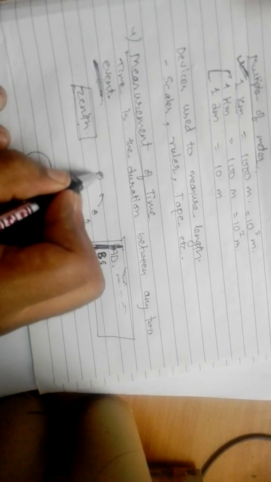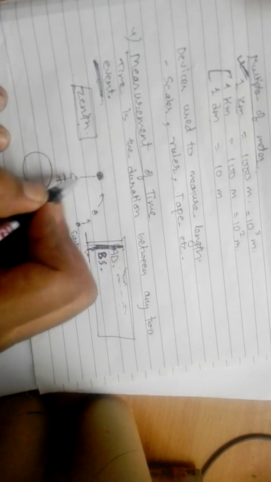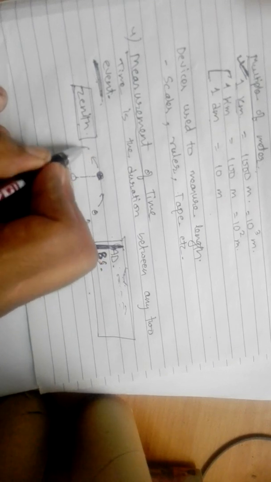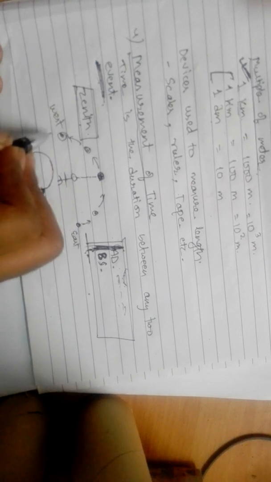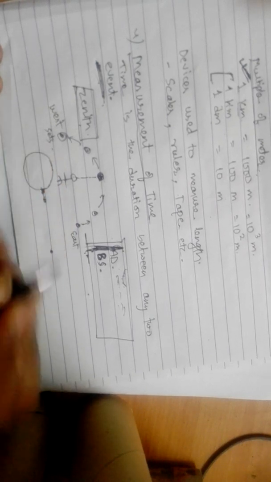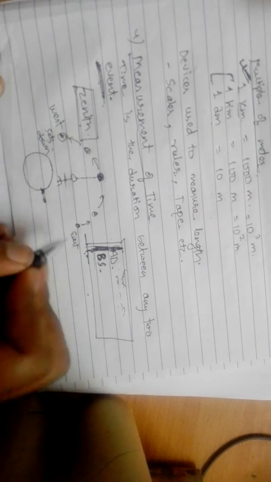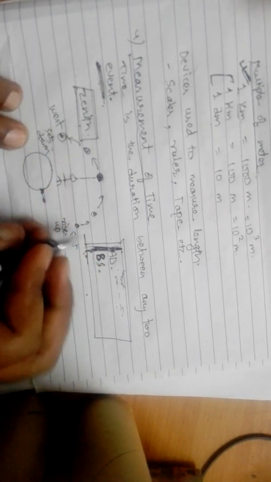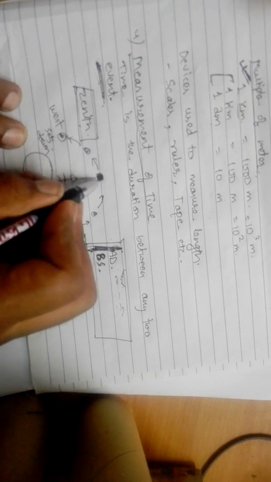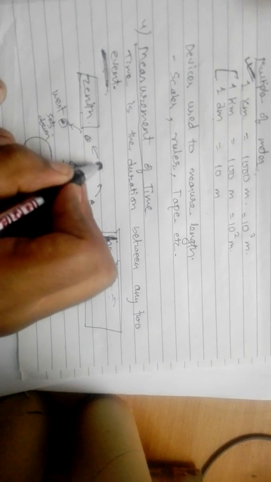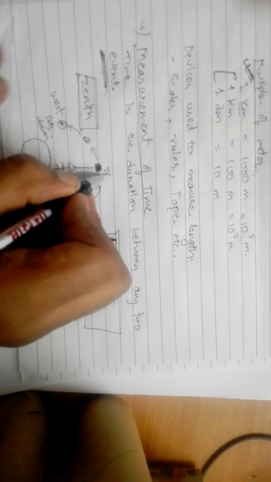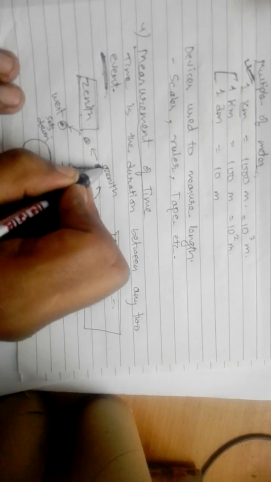And at some point the sun lies exactly above your head, and then again it keeps on moving, and when it reaches the west, it sets down. So the sun rises up in east and sets down in west, and that particular moment when the sun is exactly above your head, that moment or that position of sky is known as zenith.